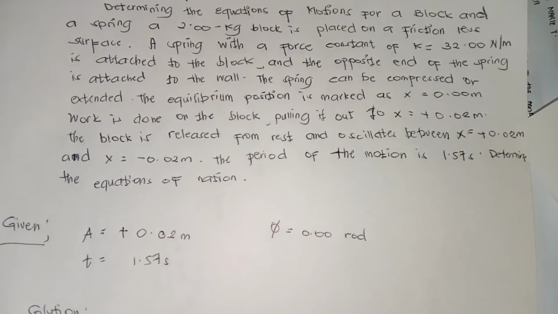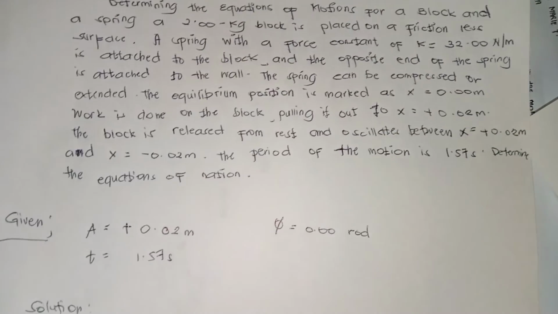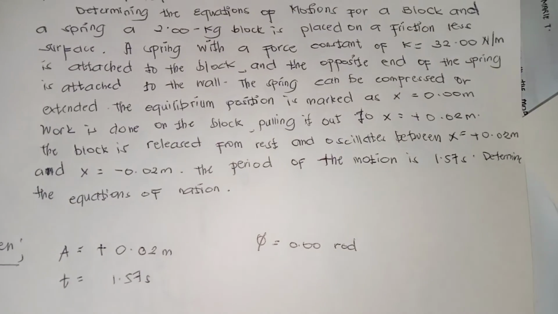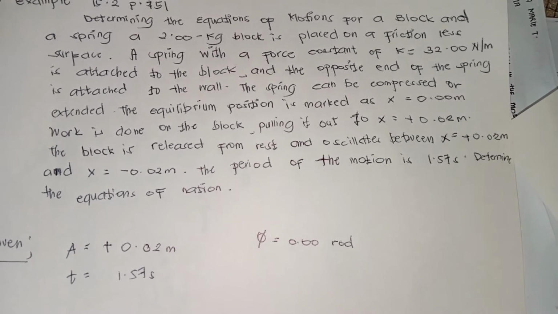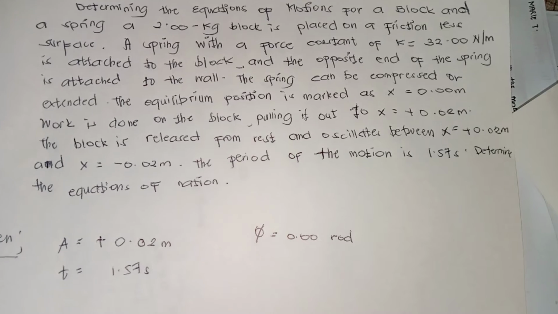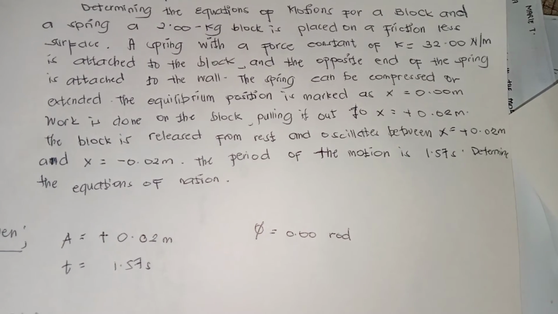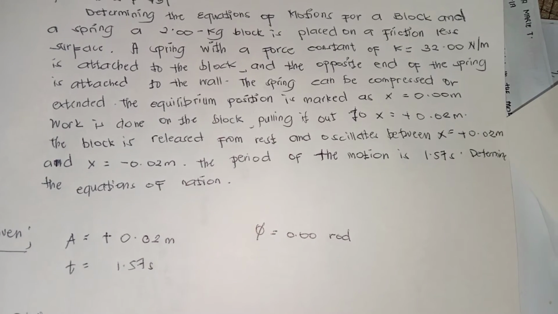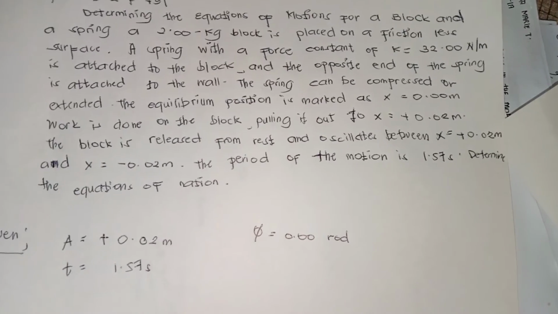Work is done on the block, pulling it out to x equals positive 0.02 meter. The block is released from rest and oscillates between x equals positive 0.02 meter and x equals negative 0.02 meter. The period of the motion is 1.57 seconds.